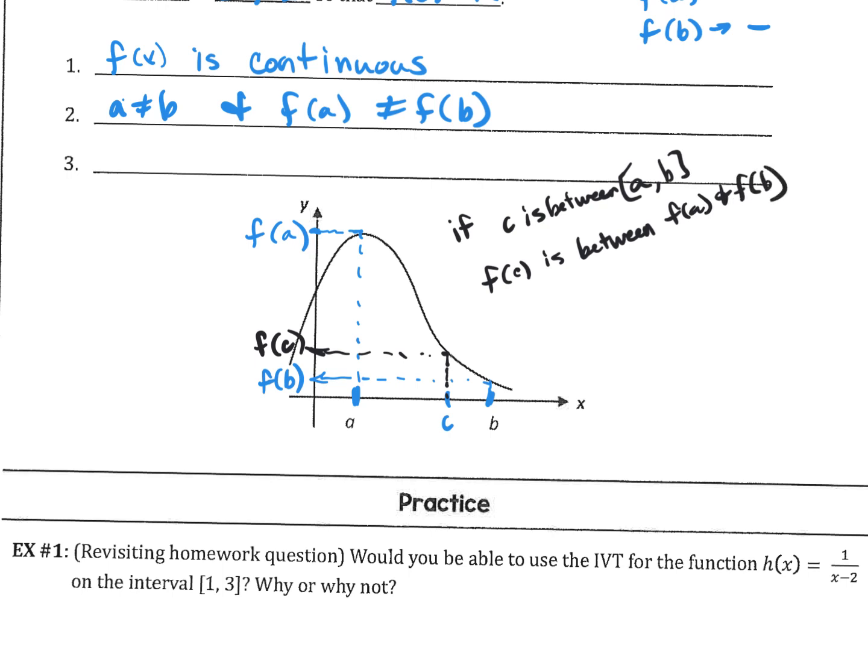Intermediate being in between, in the middle of. So this point right here would be the point c, k. In other words, this f of c is equal to k. So k is between f of a and f of b. In other words, you can't skip y values.